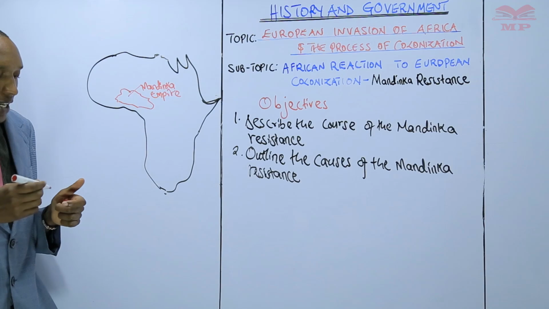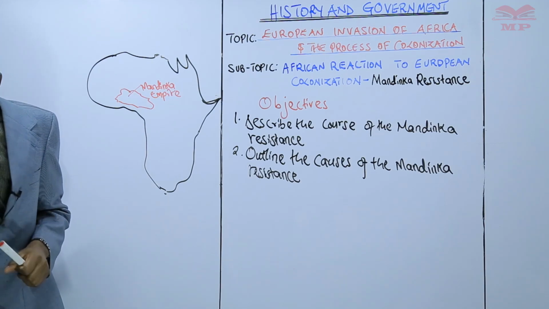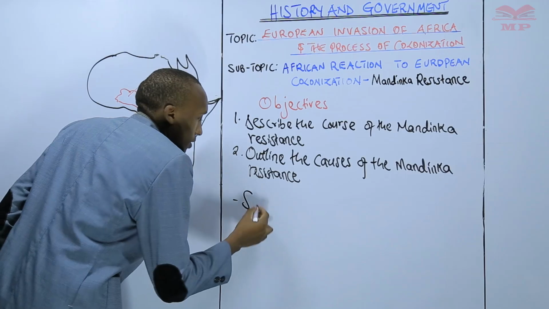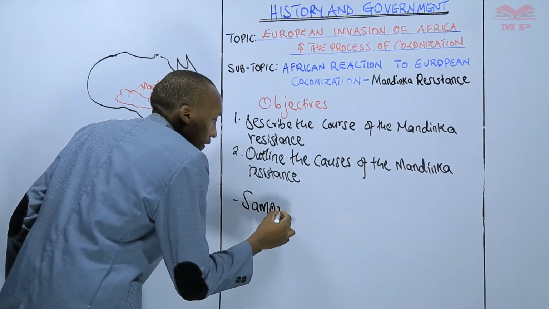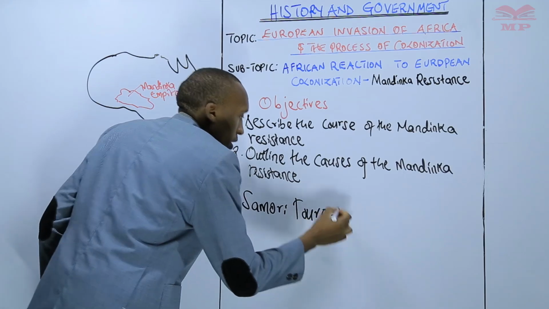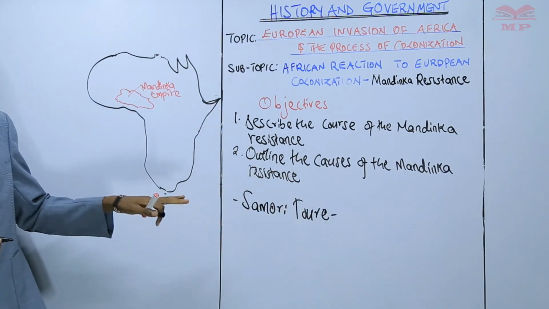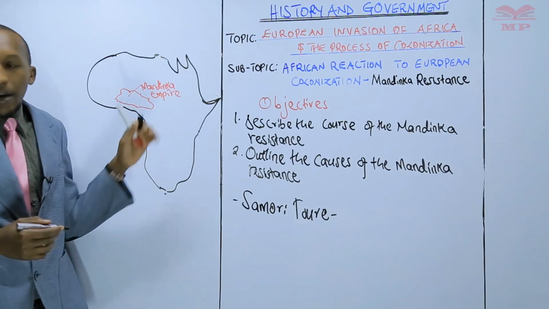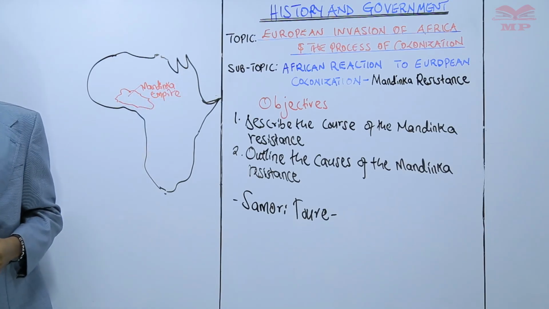It was led by one man who was known as Samori Toure. He was the leader of this Mandinka Empire at that time.